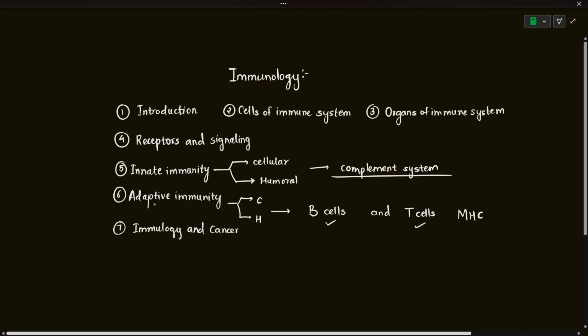So what happens is that our immune system does not just work against pathogens and the harmful effects of pathogens, but it also works against the harmful effects that our own body can have. So let's say that a cell undergoes some mutation, some DNA damage, and now it is converted into a tumor cell. Means it has the ability to proliferate uncontrollably, right?